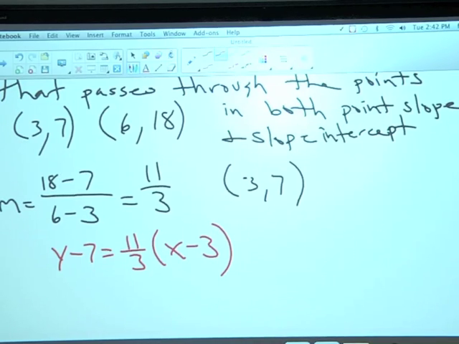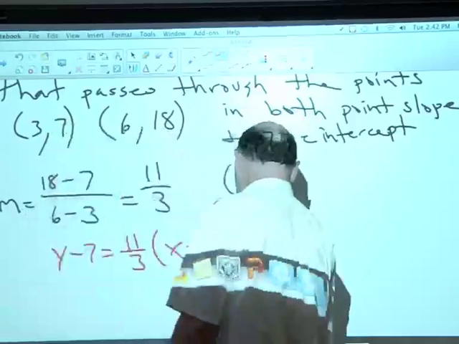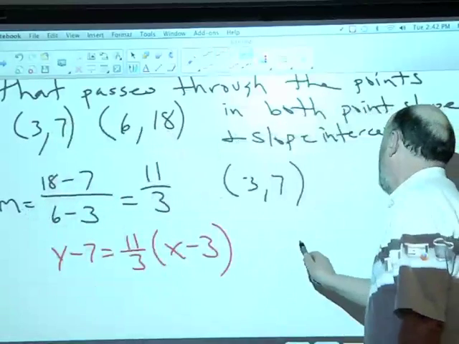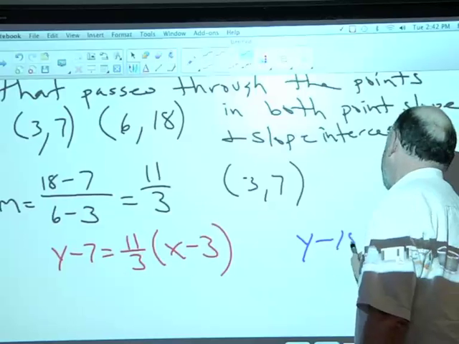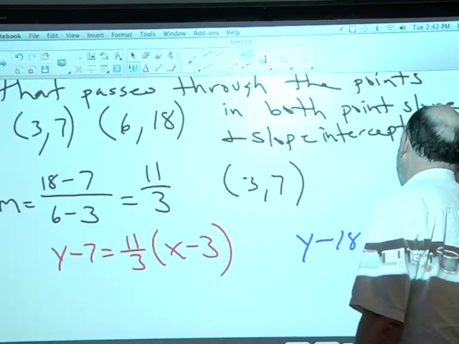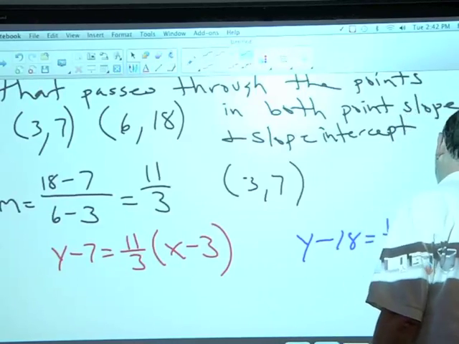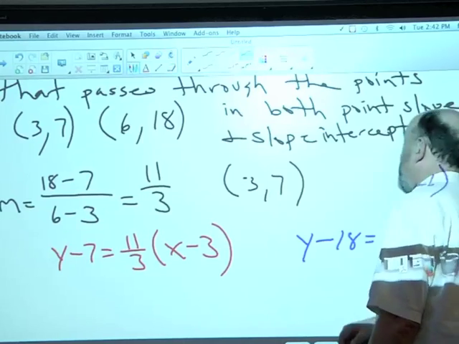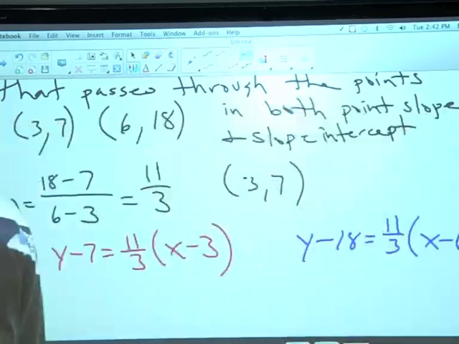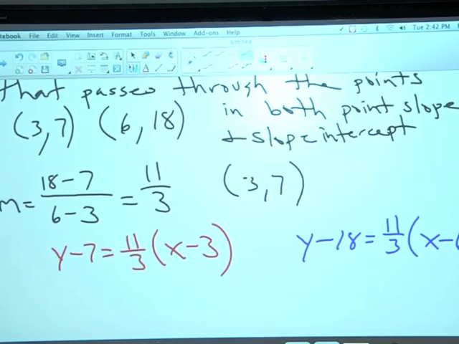If you took the other point, you would have had y minus 18 equals 11/3 times x minus 6, because again, you could have picked either one. Alright? So that is point slope.